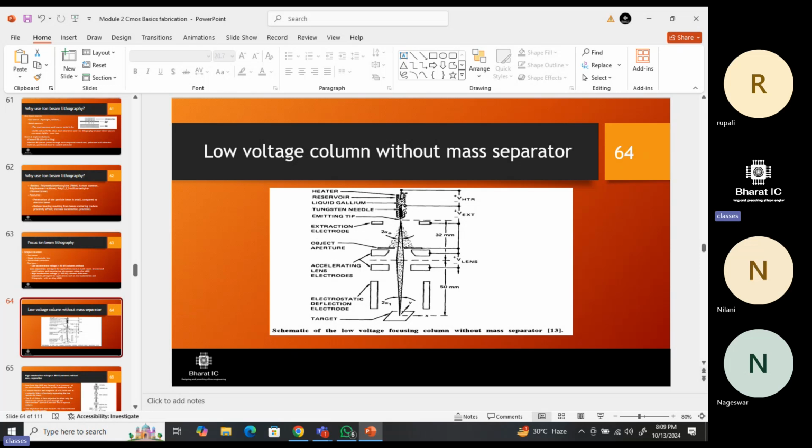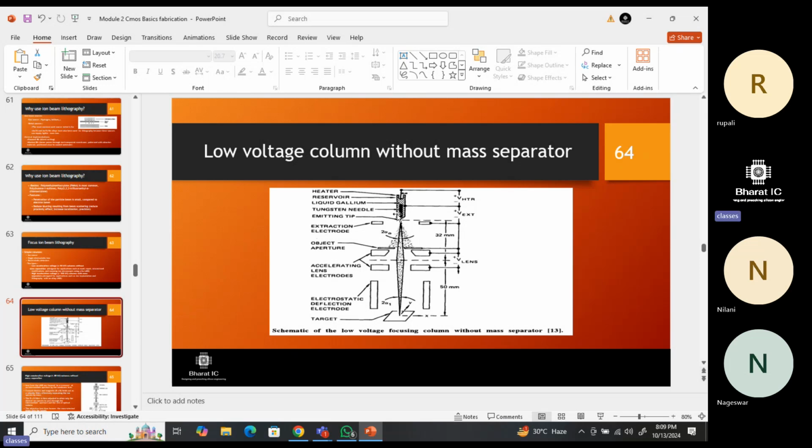A tungsten needle is there, from where the ion beam will pass, and then from the emitting tip it gets emitted. Then the extraction electrode. Multiple components are there. Some lenses will be there, and then at last the target, which is the wafer.